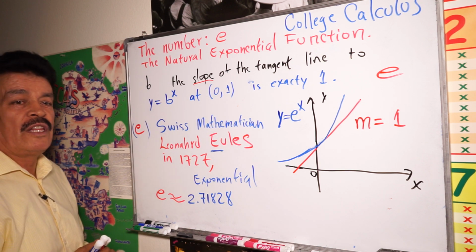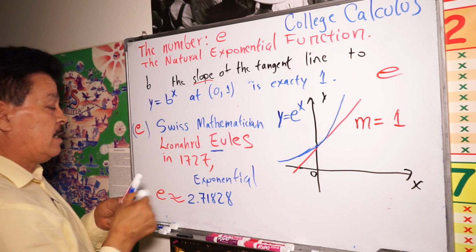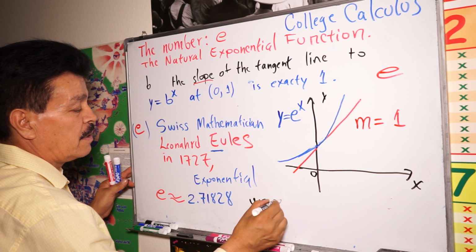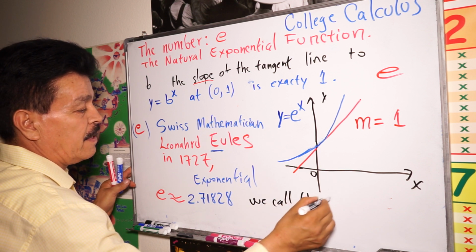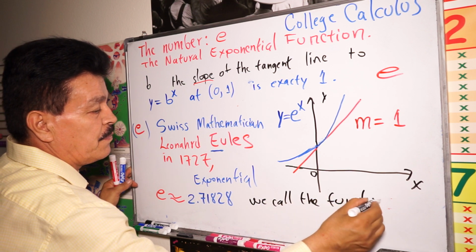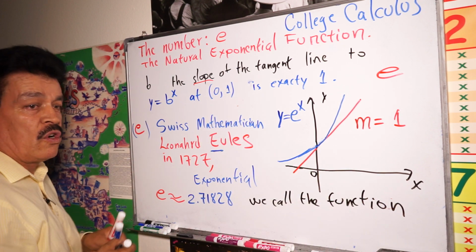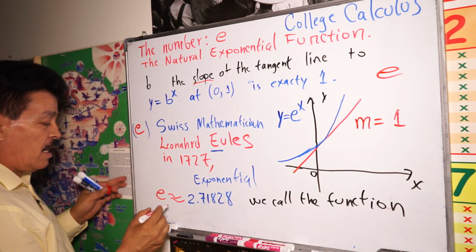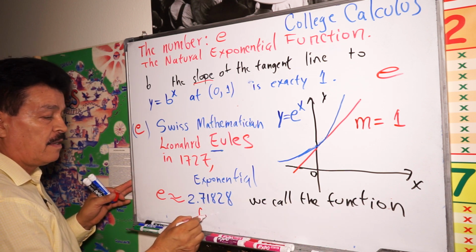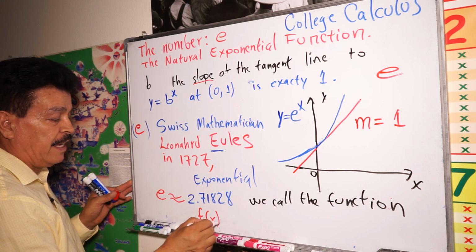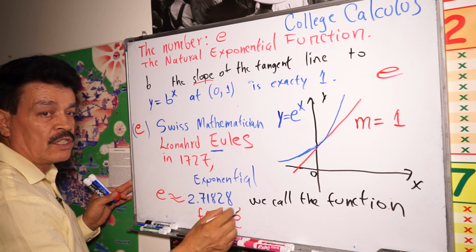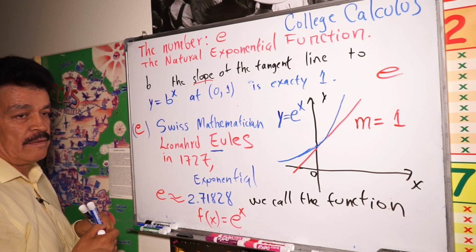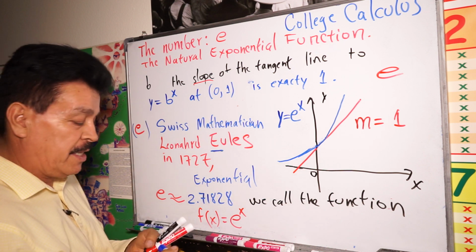We call the function f of x equals e to the x power the natural exponential function.